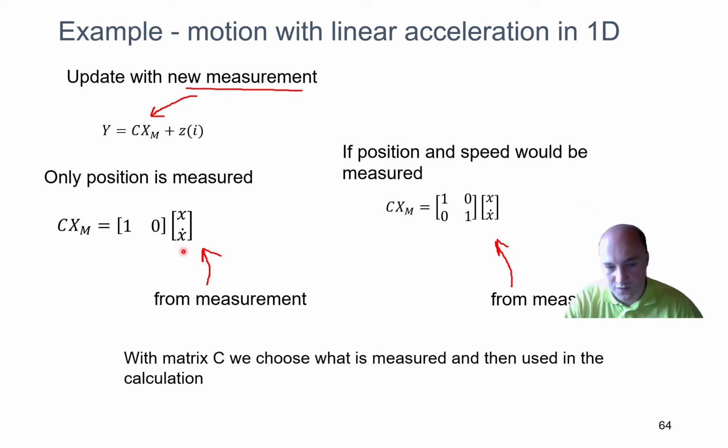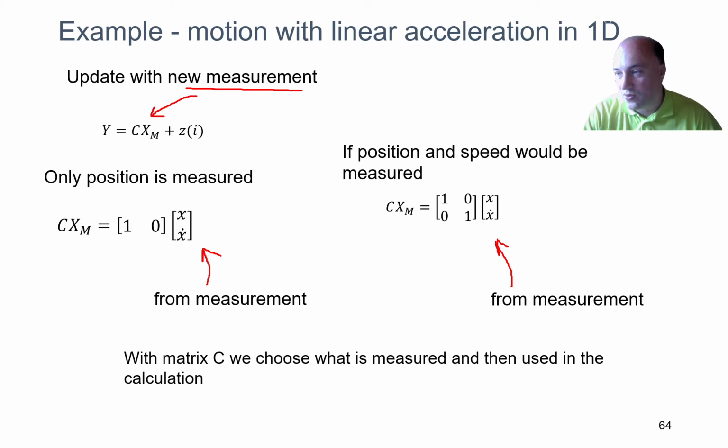So this comes from measurement. If on the other hand I would measure position and speed, I can use a different format of my equation like that. I measure position, so in my vector y here I will have 1 times my position measurement, and then here I will have 1 times my speed measurement.